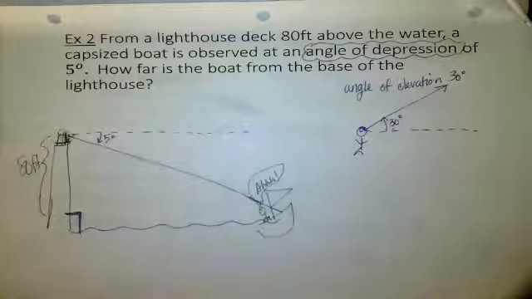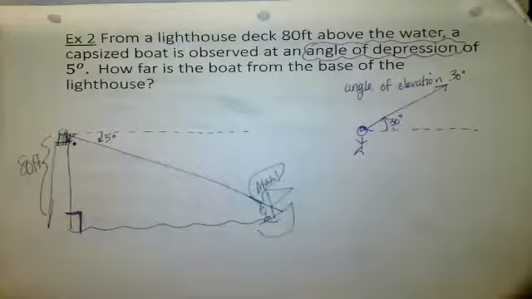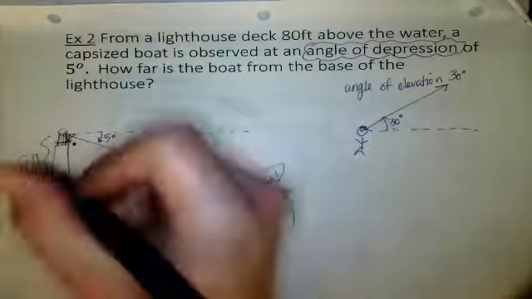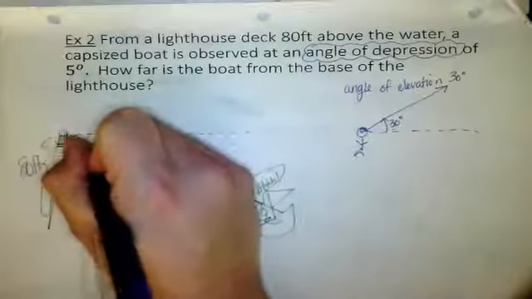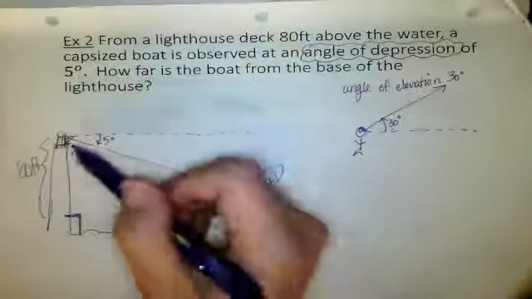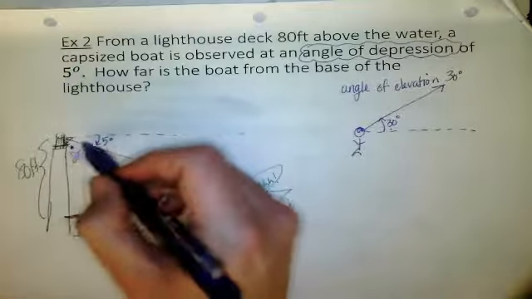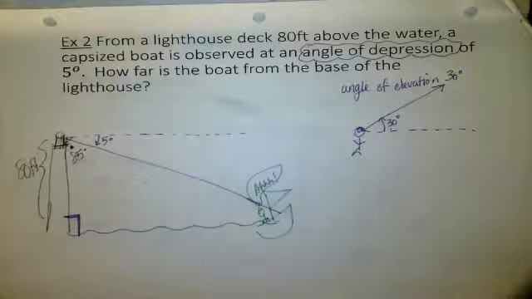This is not a leaning tower of Pisa. What's this angle measure? 85. Very good. How did you know it was 85? Because 90 is looking straight and then you put down. So this was a right angle before, and we had a little 5 degrees of it.